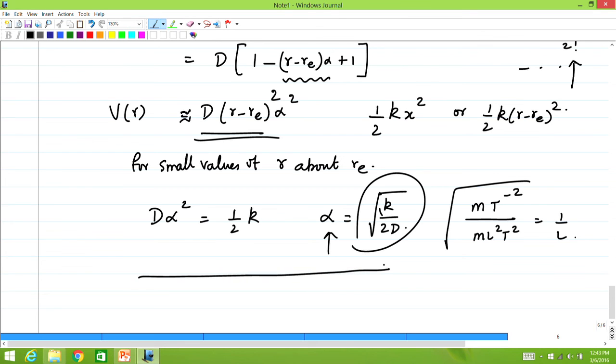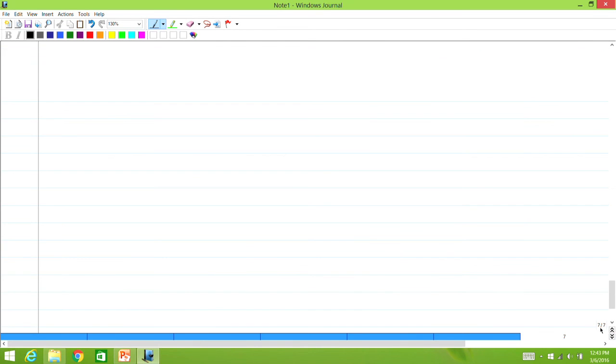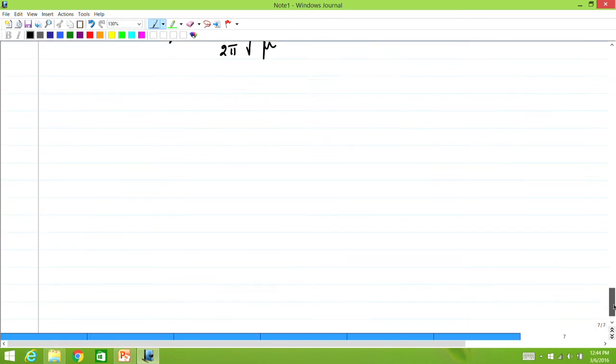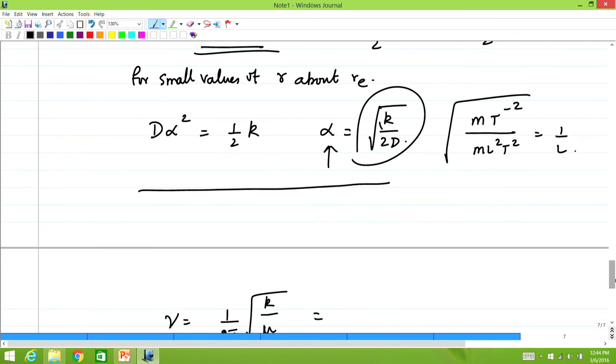Now, the next question is, what is the harmonic frequency? Please remember, the harmonic frequency is 1 by 2 pi into square root of k by mu. And for the Morse oscillator, we just now found out that k is given by 2D alpha square.